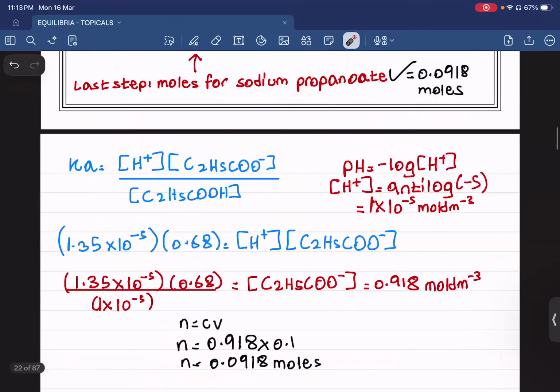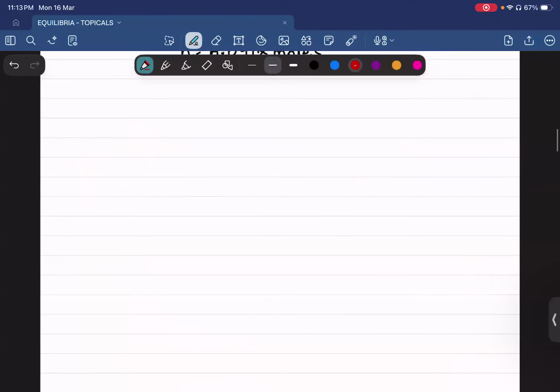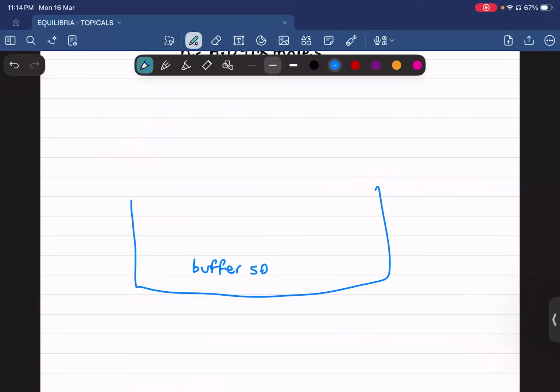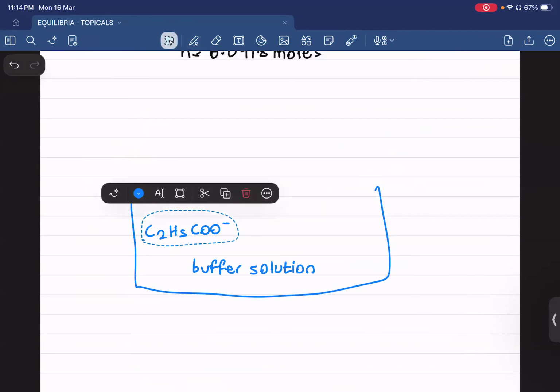So let's take an example. And this will help clear things a bit. Let's say I have this buffer solution. In this buffer solution, I have 5 carboxylate ions. Let me just copy paste this.